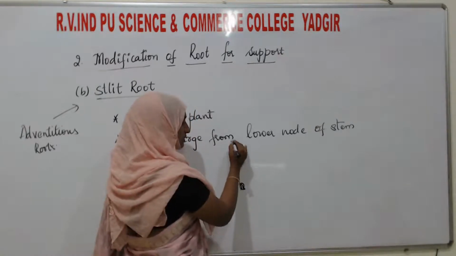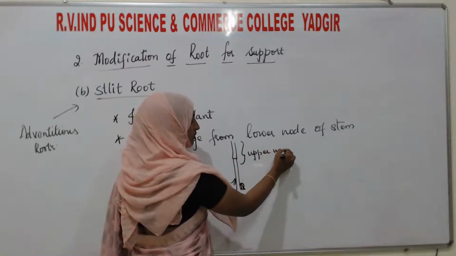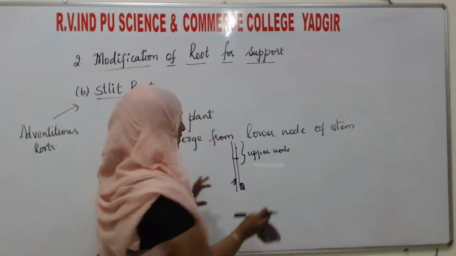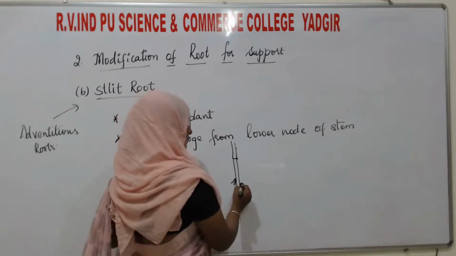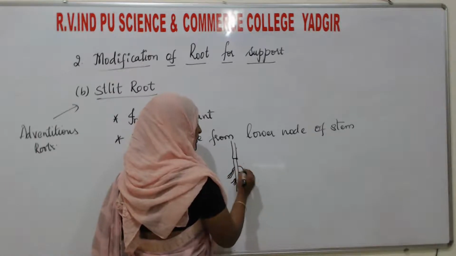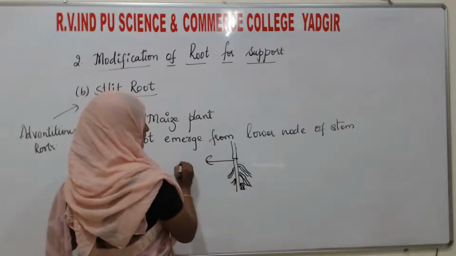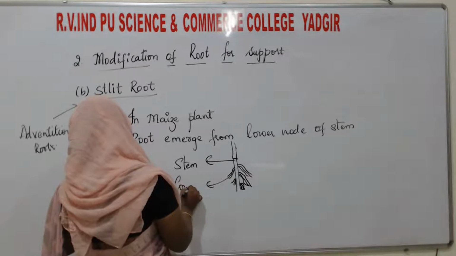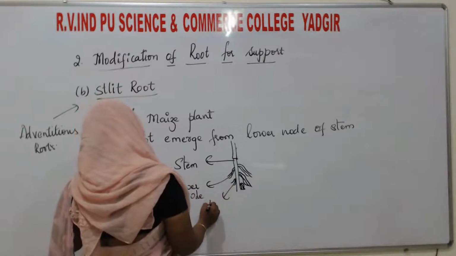For example, these are the upper nodes, and roots do not arise from them. But from the lower nodes of the stem, these are the roots.